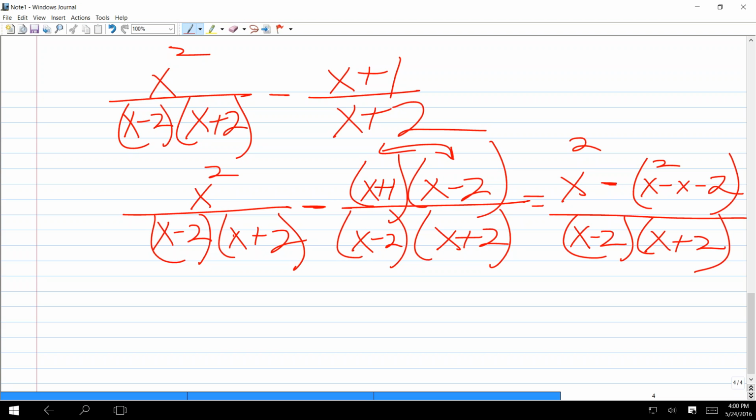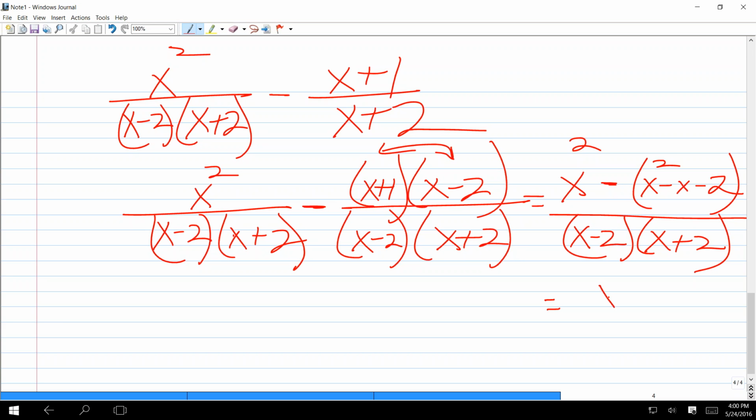If I remove the parentheses in the numerator, what do I have?